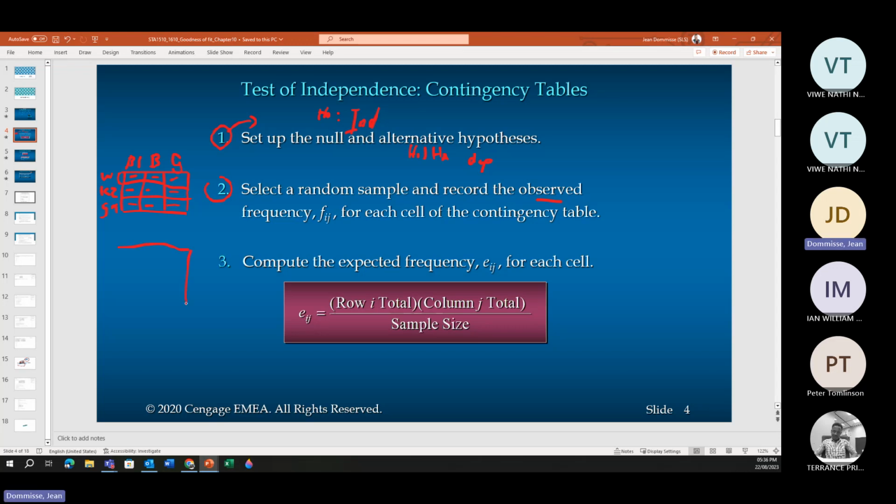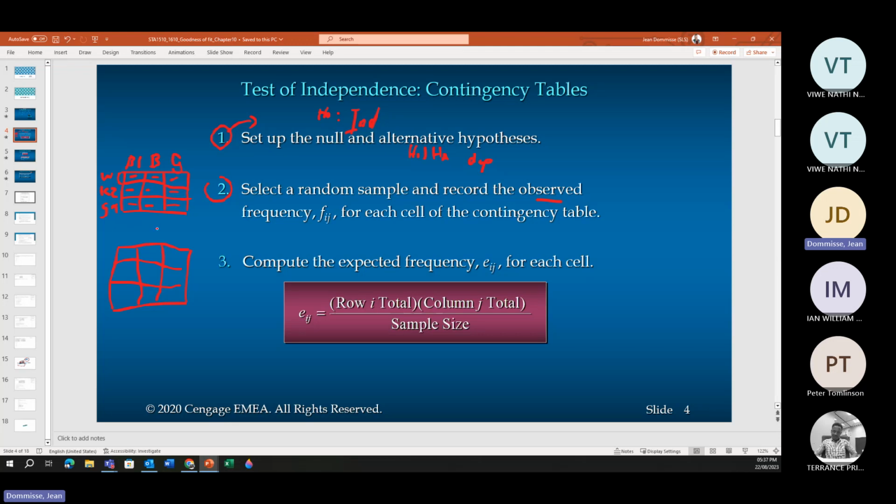Then they say that sometimes we will need to work out what is the supposed expected value of each of those cells. And there's a formula to work that out.